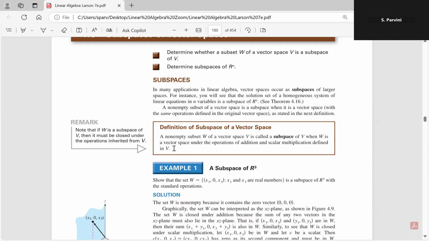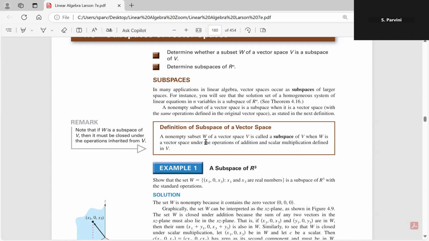Now, when the definition reads a non-empty subset, what does it mean when we say a non-empty subset? That means W has the zero vector in it. So that's what the non-empty would imply. It means it has at least the zero vector in it. So that would make it a non-empty subset.